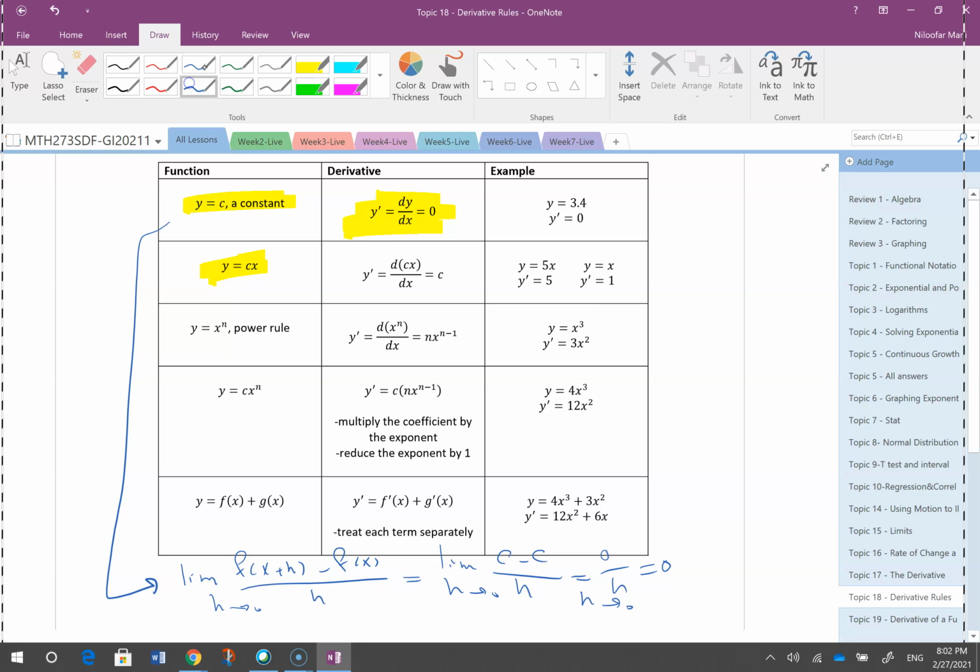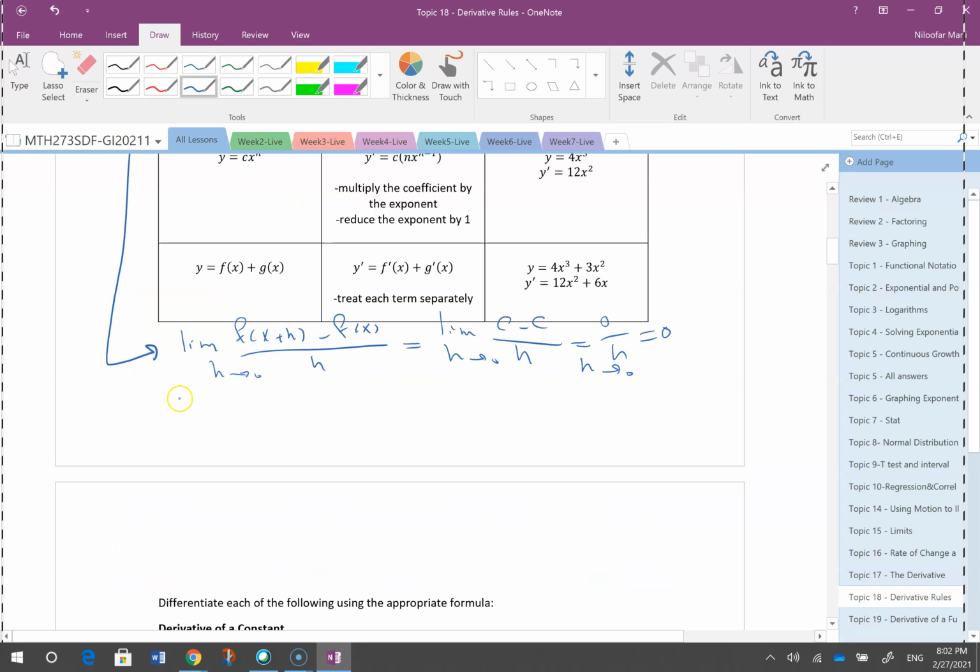If I have cx, let's do it here. The limit of f of x plus h minus f of x, divided by h, as h goes to 0. So it is the limit of c times (x plus h) minus cx, divided by h, as h goes to 0. In this case it is 0 over 0 when I substitute h equals 0, so I have to make it clear.